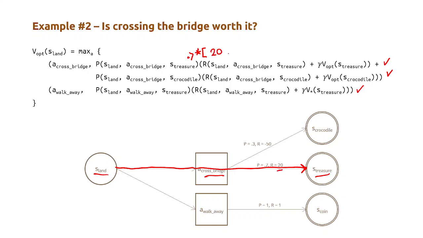So 20 plus gamma. Let's just assume that our gamma is 0.9. And then, what is the optimal value of treasure? This is 0 because it is a goal state, times 0.